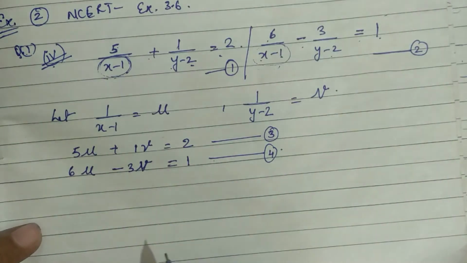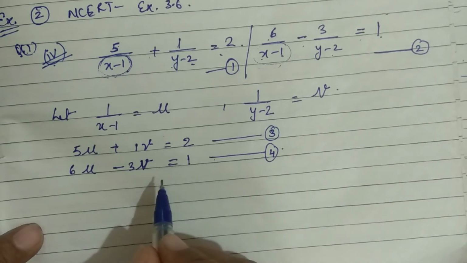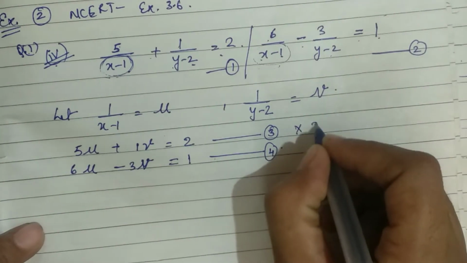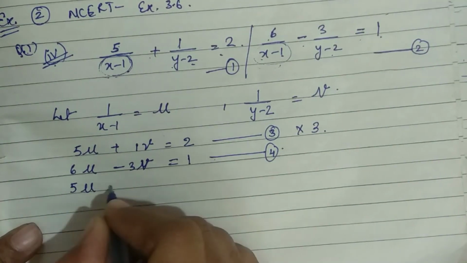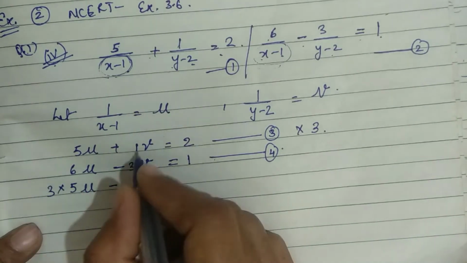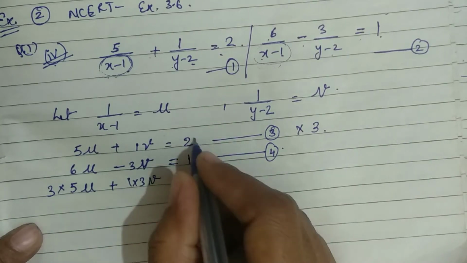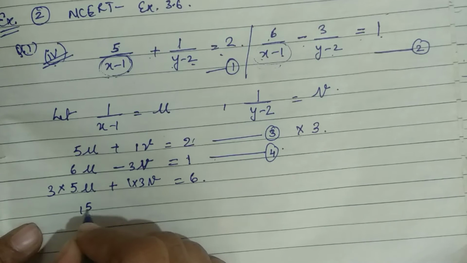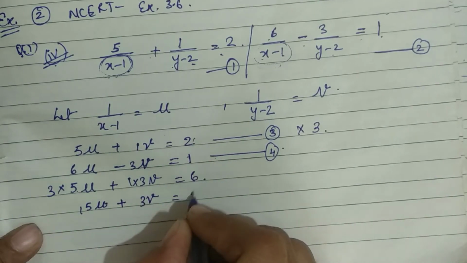So for this, I am solving by the elimination method. For elimination, we multiply this equation by 3. So we get 5u plus 3v equals 6, that is 15u plus 3v equals 6.